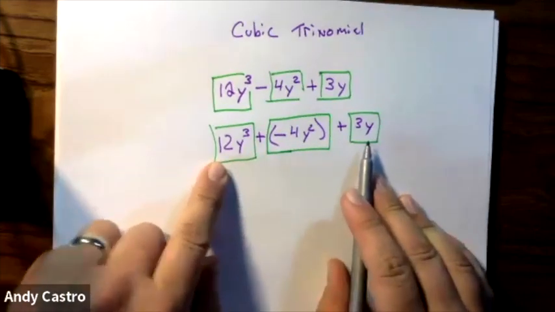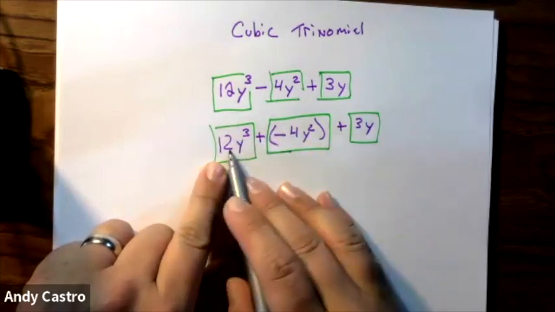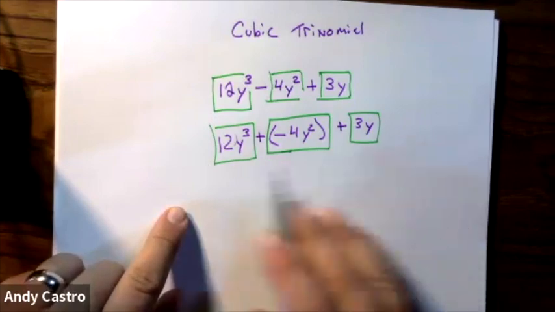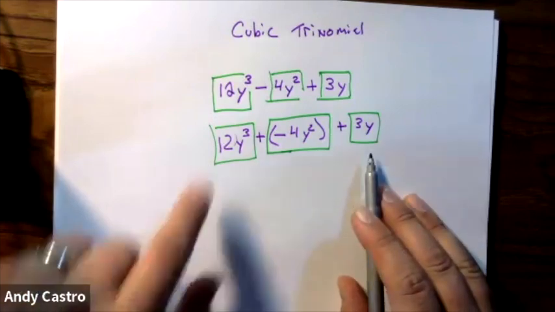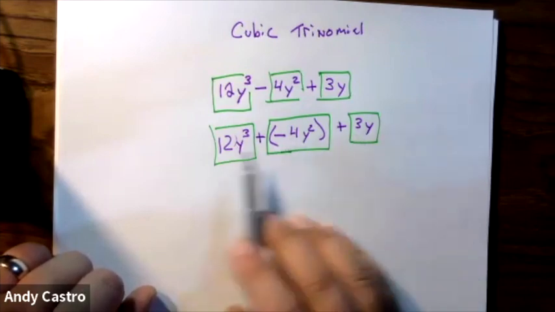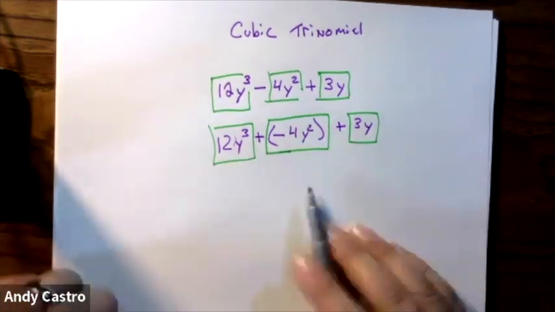Now, just by looking at it, I know I could pull a 3 out of here and a 3 out of here and a 4 out of here and a 4 out of here. But what do I have common between all three terms? I can't pull a 4 out of the 3. I can't pull a 3 out of the -4. So what can I do?